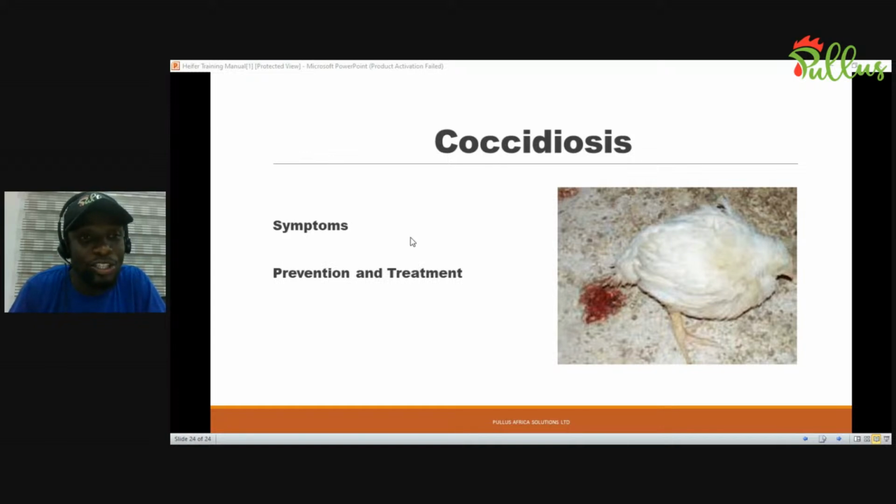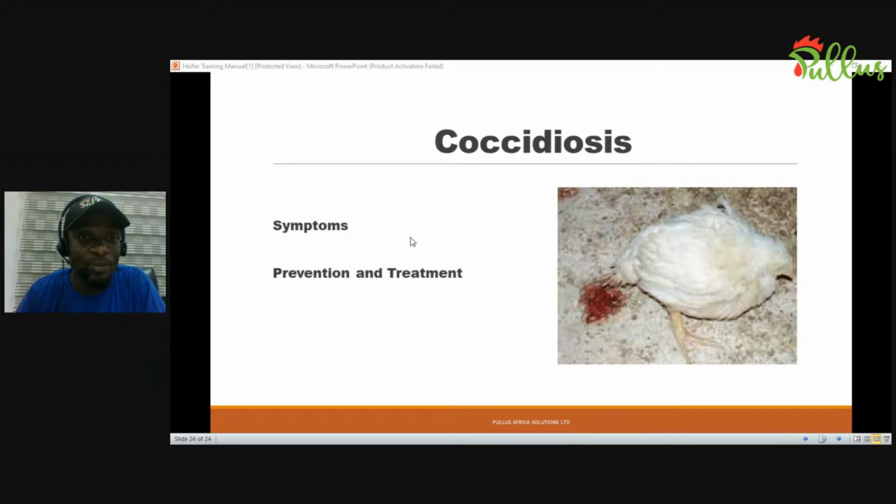So if you change the litter, it means you have actually packed out those organisms that maybe their eggs have been laid inside the litter, and then you are also safe from reinfection. Because when you treat, the drug actually kills the parasite that is inside the system. But the ones that are thriving inside the litter have not been killed. So that is one of the reasons why you need to change the litter immediately while you are treating this problem.